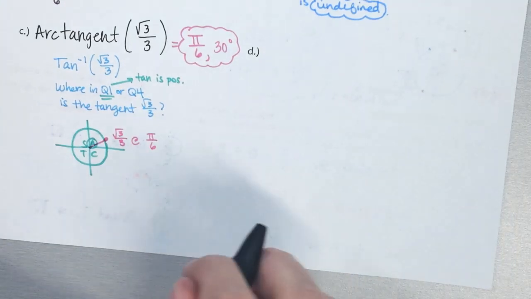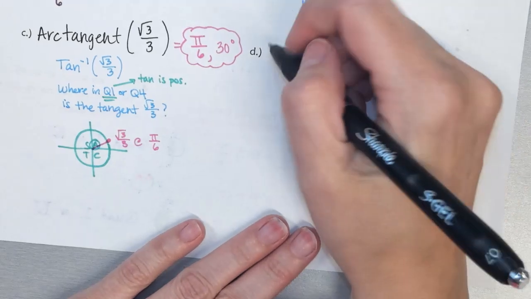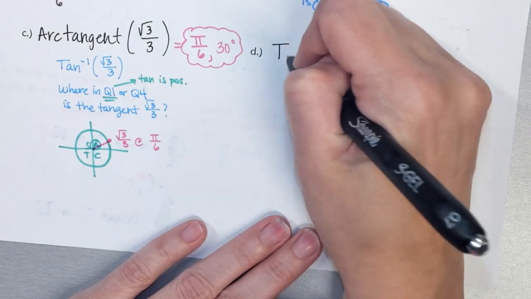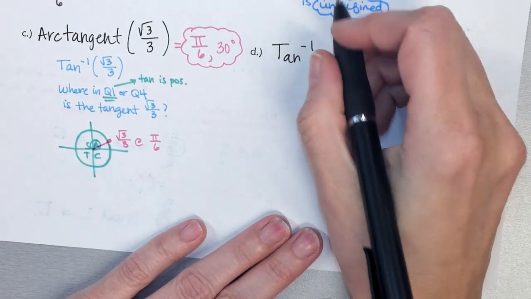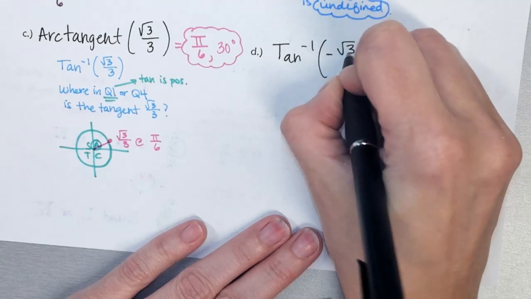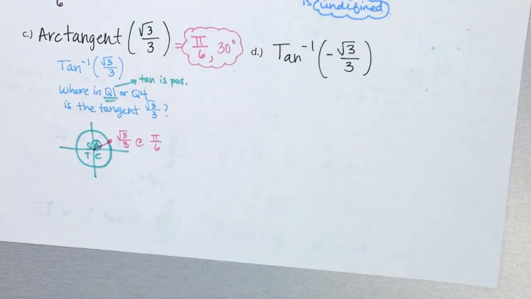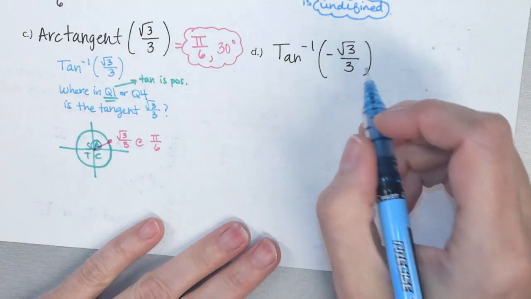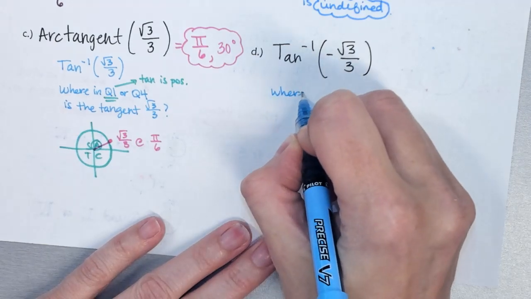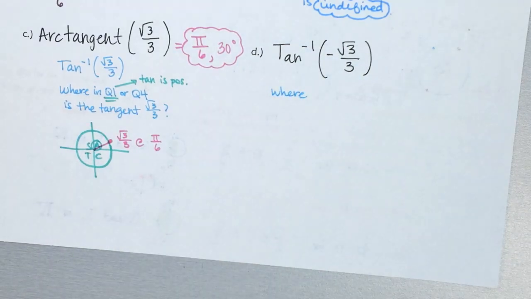Okay, and then there's one more type that we gotta make sure we know how to do. Okay, do you guys want to set up your question this time? See if you can write down what the question's asking you.